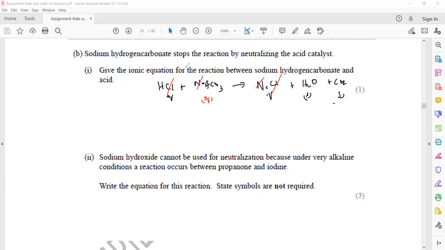What we are left with is hydrogen ions reacting with hydrogen carbonate ions, resulting in the formation of water and carbon dioxide. So this is the ionic equation for this reaction, and it has 1 mark. We don't have to show the full equation, I just wrote it to work out the ionic equation.